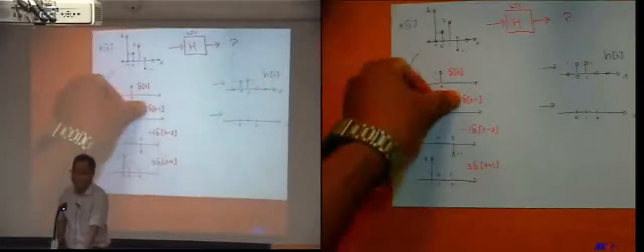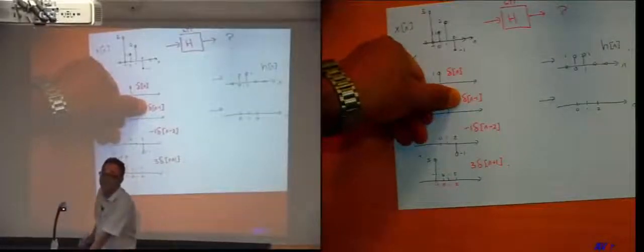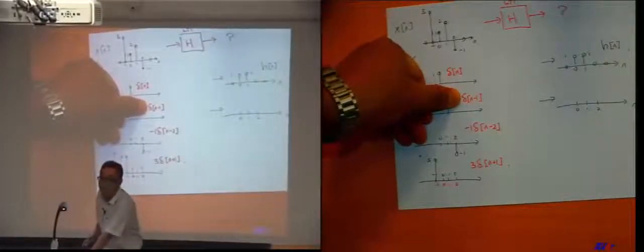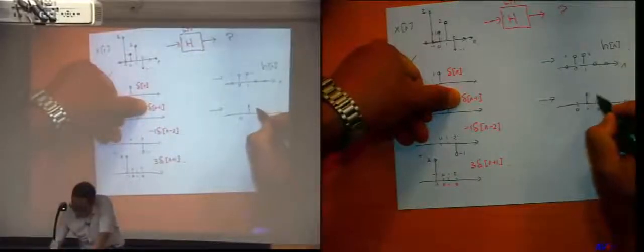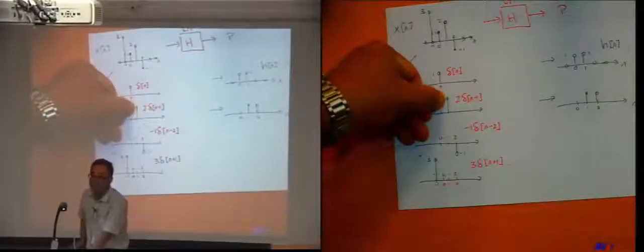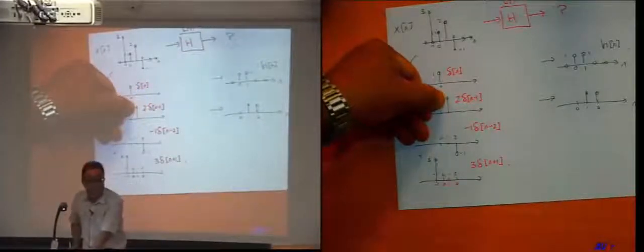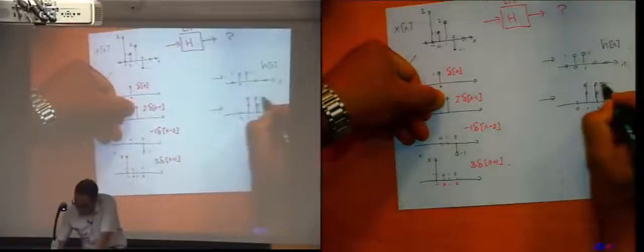I throw away the 2 first. What will I get? 1, 1, at 1. So it is 1, 1. But now what do I do? I scale by 2, so now the value is 2 here.